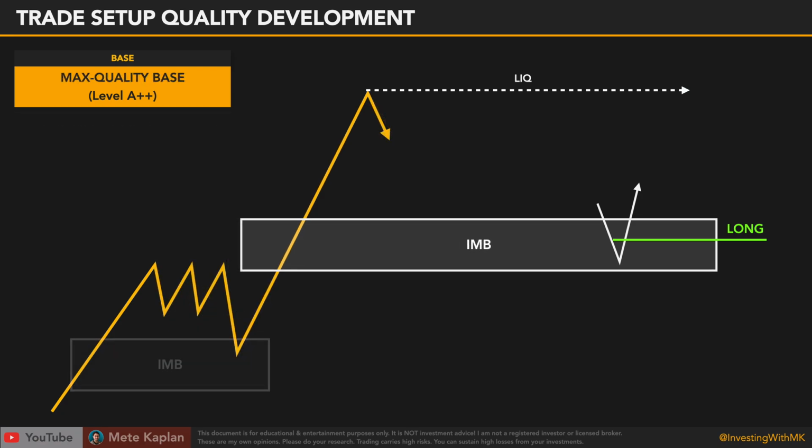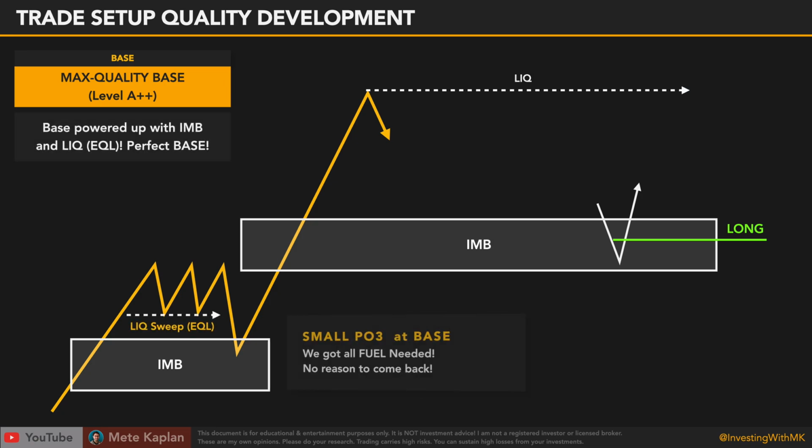Obviously, the extreme version of a base is if the price swept the equal lows and tapped the imbalance. Basically, a small power of three, a manipulation happened here. All the fuel needed is already taken. I do not see any particular reason for price to go down here anymore.